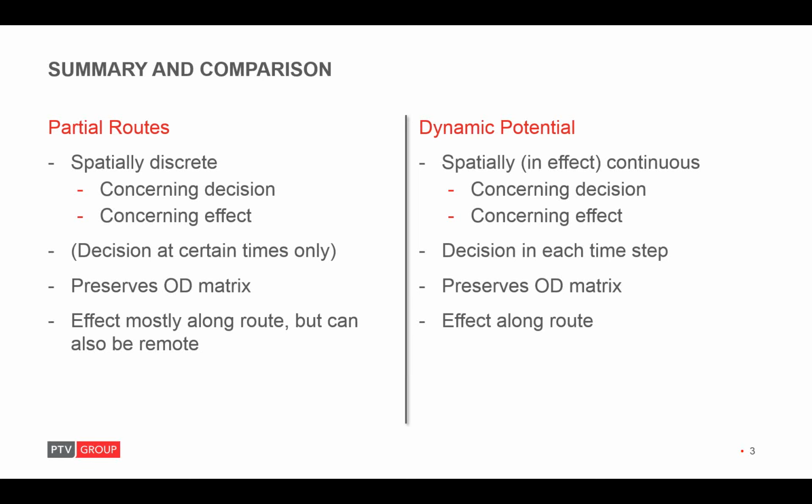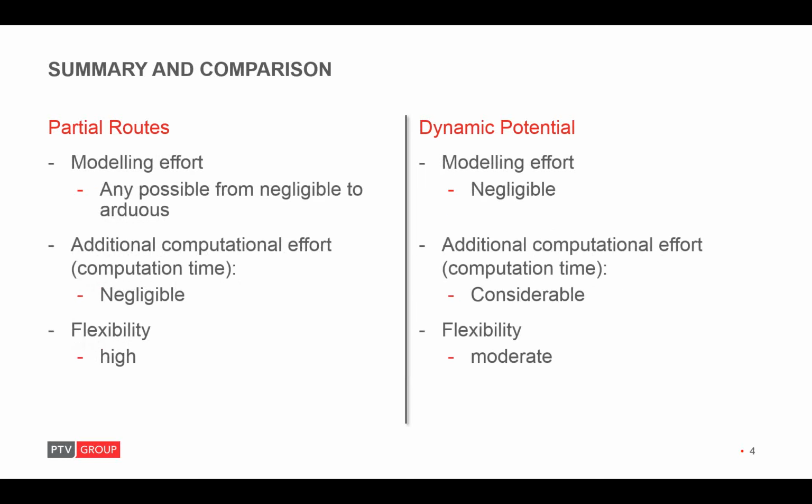For the dynamic potential, it's always the effect along the route which is used to route the pedestrian. So there is not really a remote effect that comes from a totally other part of the city or from imagination. It's always somehow real. What enters as a cause in the dynamic potential is where the effect is then computed.